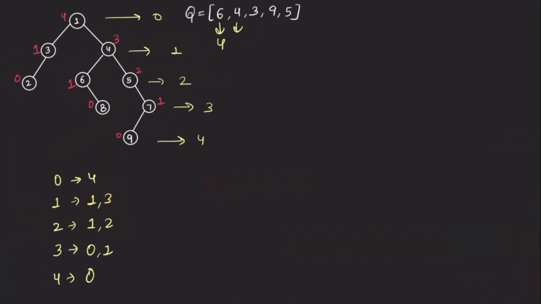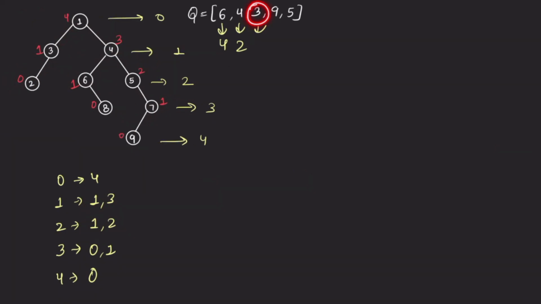Basically this part is removed and only this much will be left, which is a height of 2. So for 4, it will be 2. For node 3 also, node 3 is present at level 1, where we have 1 and 3 as the heights. Its height is 1, which is the second largest, so we take the largest, which is 3, and its level is 1. So 3 plus 1 equals 4, and the height of the tree will also be 4.